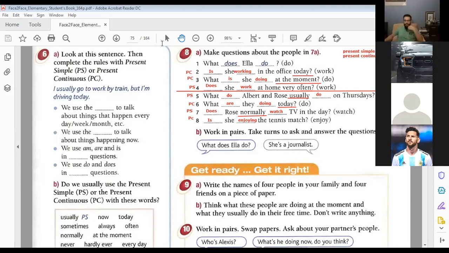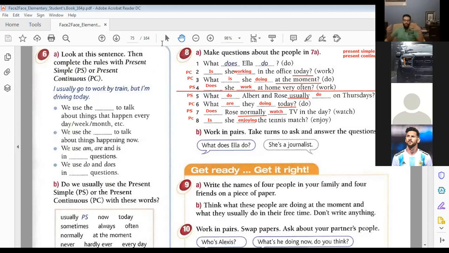From the last lesson, that was the first time we talked about present continuous. But today we connected the relationship between the present continuous and the present simple and how to use them together.